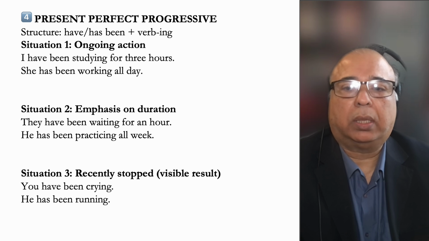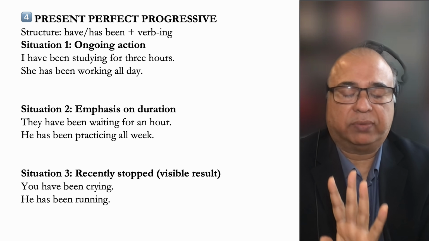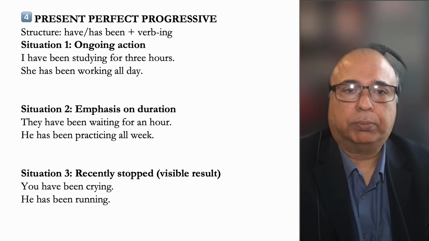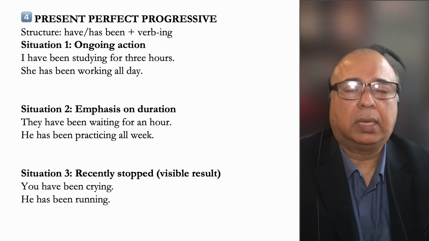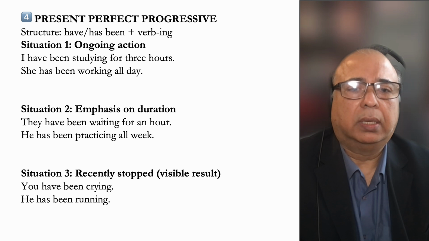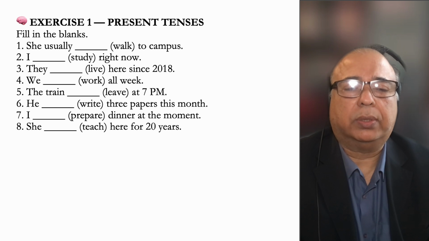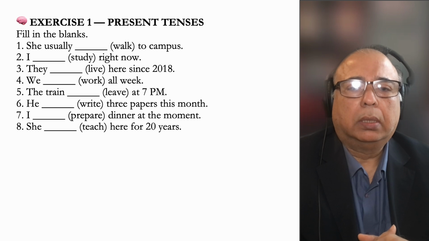All right. So we learned 4 present verb tenses: simple present, present progressive, present perfect, and present perfect progressive. Okay. So it's time for you to practice what you have learned. Those are examples.